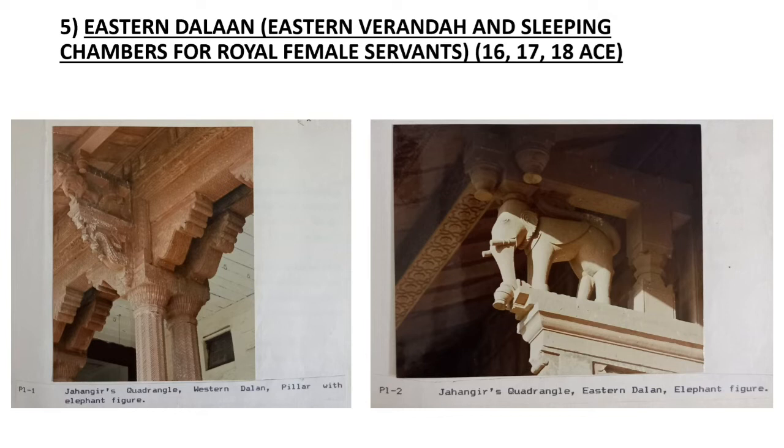Rosettes can be seen in low carving, whereas the capital is surmounted by an abacus, and the abacus is crowning different animal figures like lions, elephants, and on the right side you can see an elephant standing, and you can see a stylobate which is decorated with floral decoration.